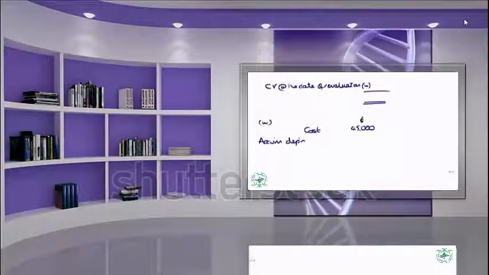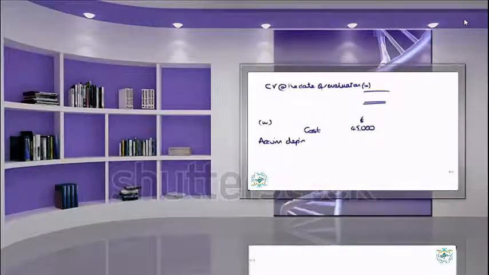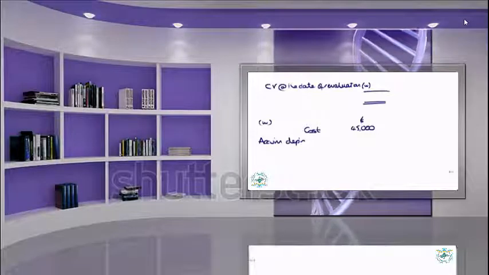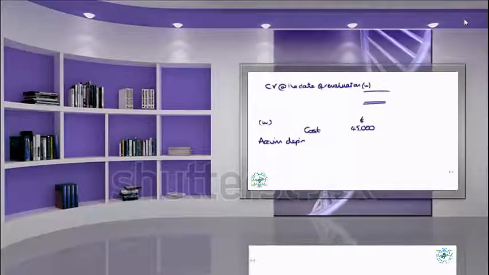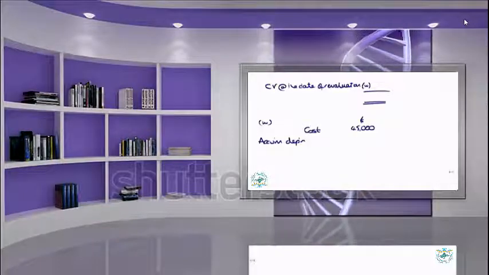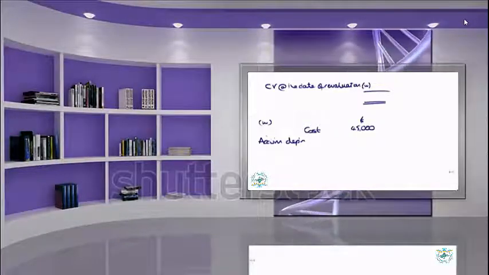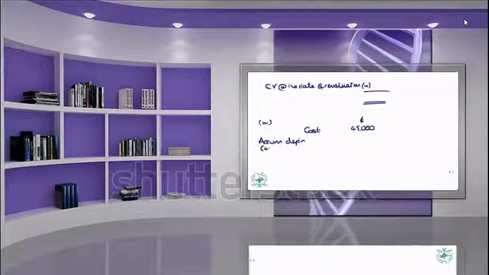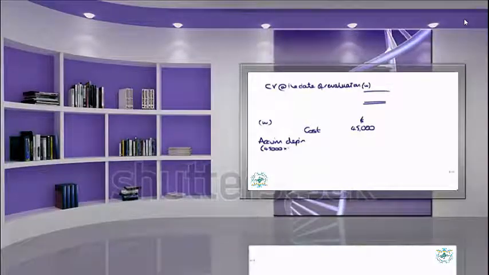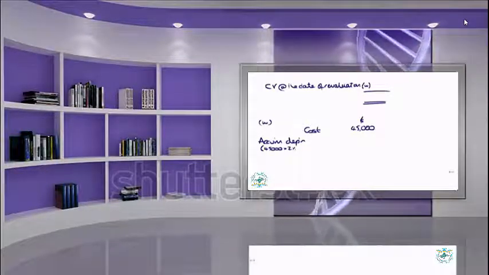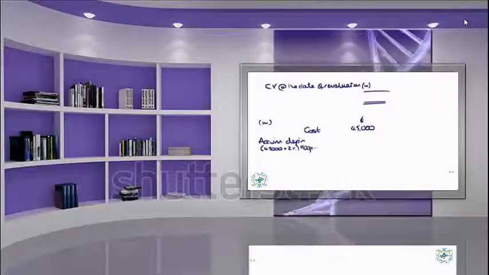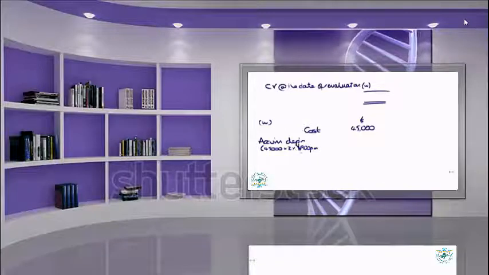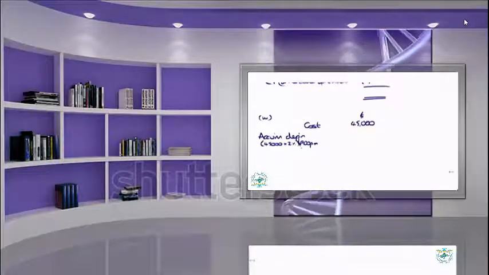And we said we're going to depreciate the buildings 2% per annum on a straight line basis with a full year's charge in the year of acquisition. Now, we know that if it's straight line, it's going to be 2% on cost. So that's going to be 45,000 times 2%. So that is going to give us $900 per annum as our depreciation charge.